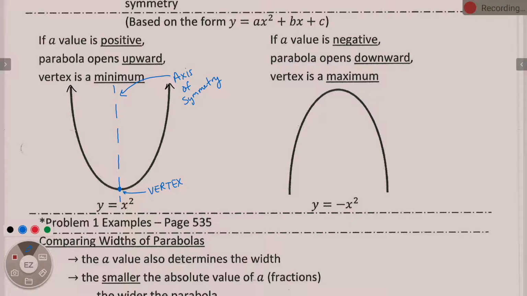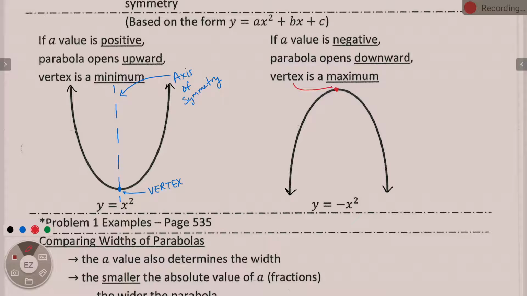Okay, so the only difference over here on this other one is this parabola is upside down. And this parabola is upside down because it's a negative x squared. So when it's positive x squared, the parabola opens up. When it's negative x squared, it is upside down. So the difference is my vertex is now at the top.